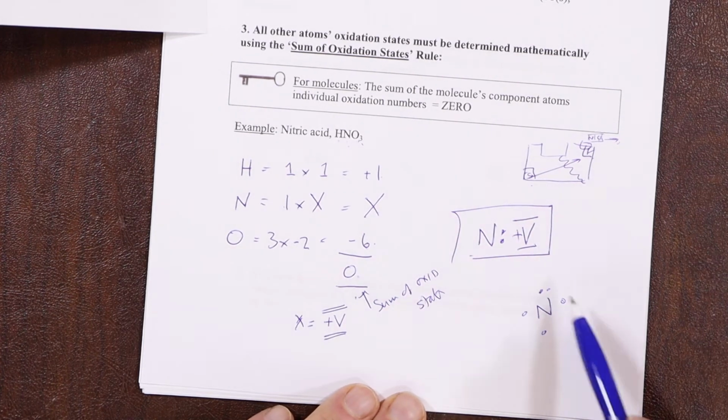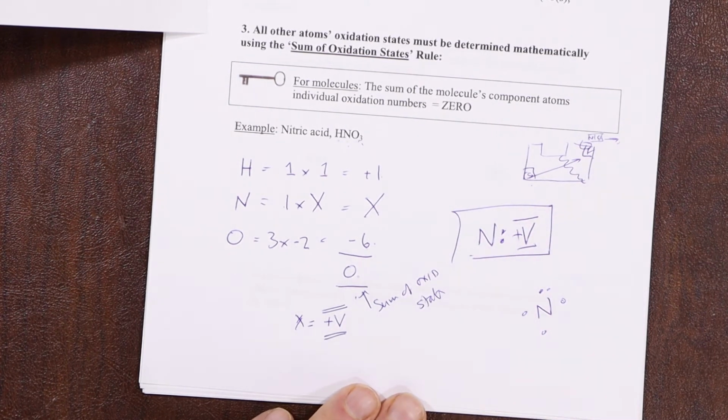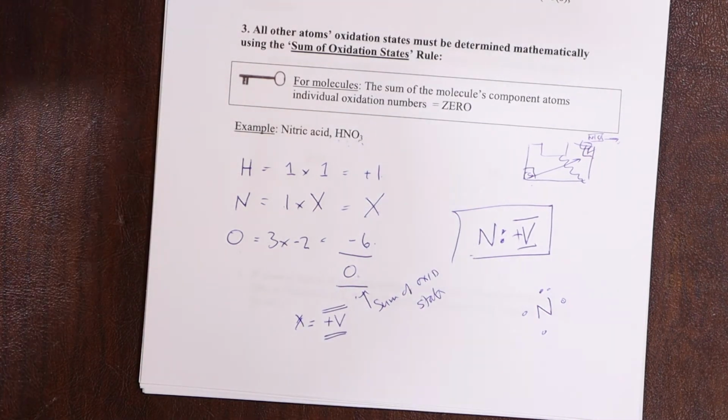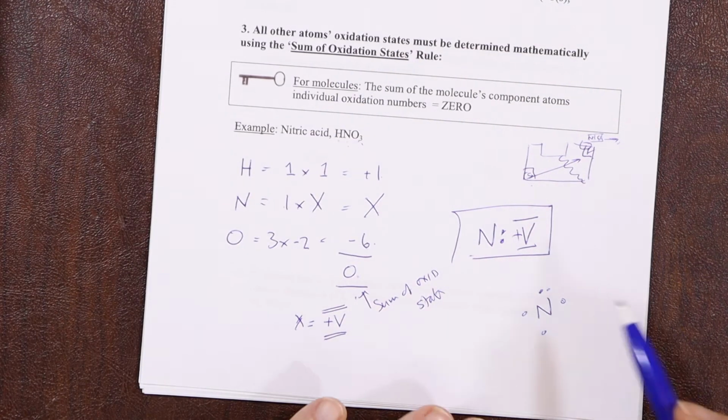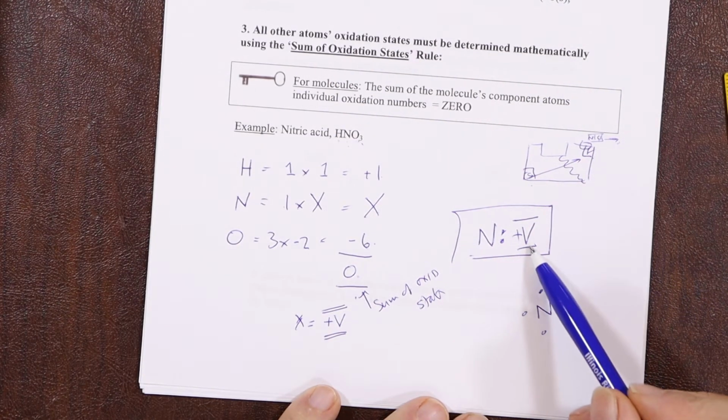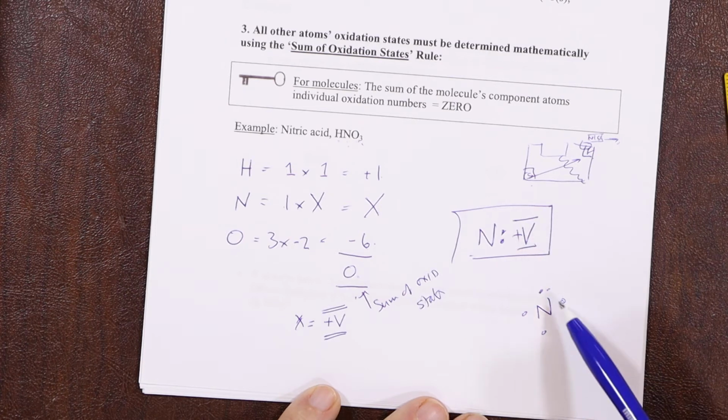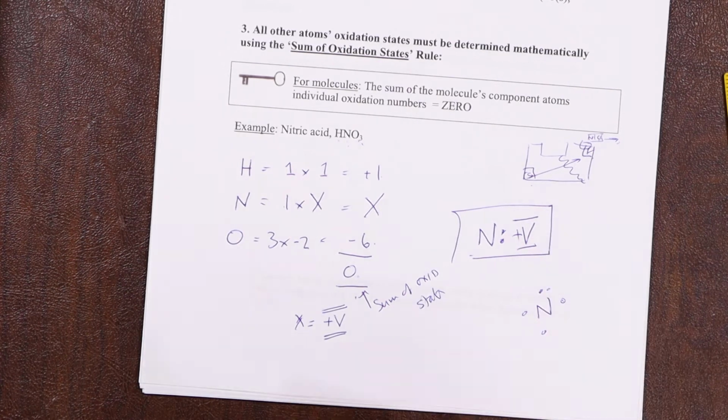So inside the molecule, all 5 electrons are actually being used. If you did the Lewis structure for nitrate, you'd see those electrons and where they were. But oftentimes, cut to the bottom line, the oxidation state is the same as the group number because it's counting the number of electrons utilized in bonding.